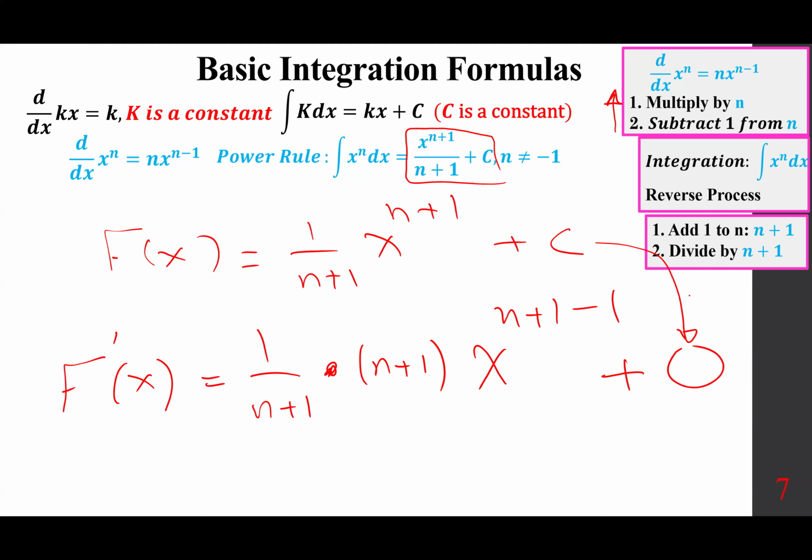I'm going to put the 0 on purpose. So the factors cancel each other, and we get x to the power of n. That's a proof. We should get the integrand without the dx. So we just proved that's the answer, and also the concept of a reverse process.